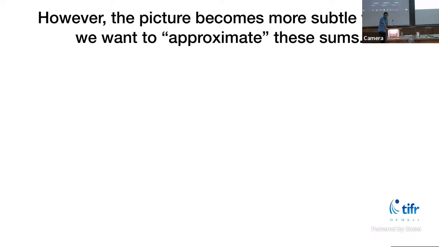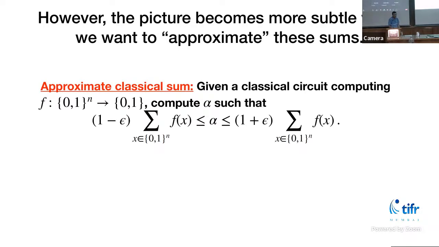Okay, the picture gets really subtle though when we're considering calculating it not precisely, but with some tolerance. For instance, let me slightly modify the problem. Approximate classical sum, but with multiplicative precision. I want not a precise computation, but to compute a value that's close, within multiplicative precision.